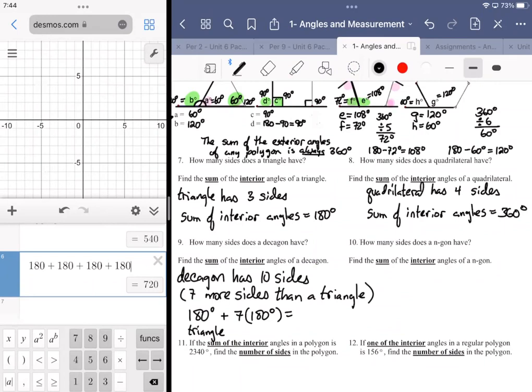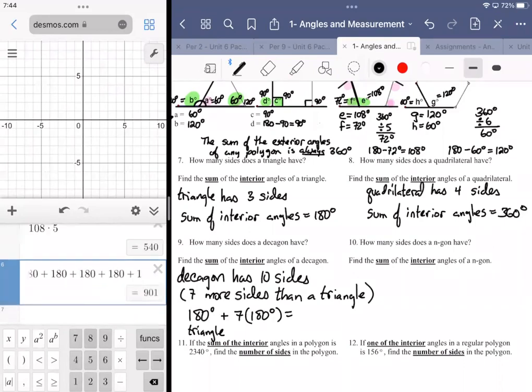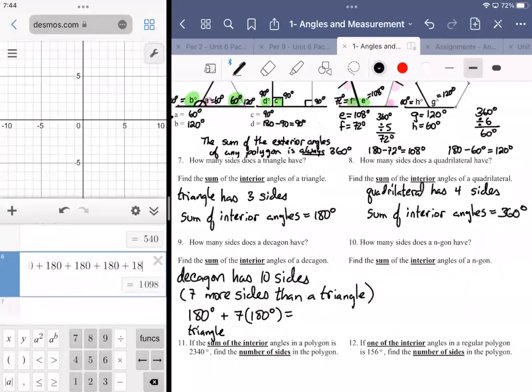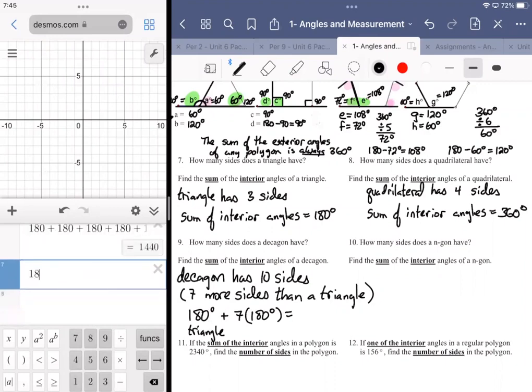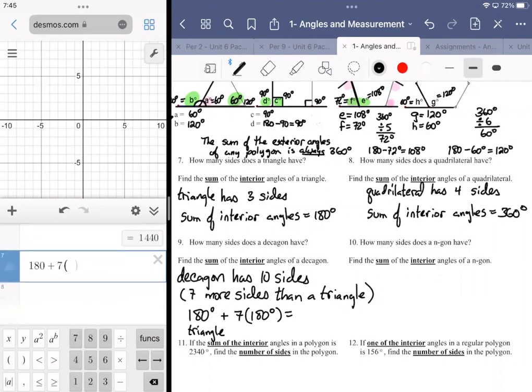So instead of saying, well, we're at hexagon, septagon or heptagon, they call them alternately, either one, heptagon, and so it's 7, 8, octagon, nonagon, decagon. So 1440, or we could say 180 plus 7 times 180, 1440. One way or the other, you get there.